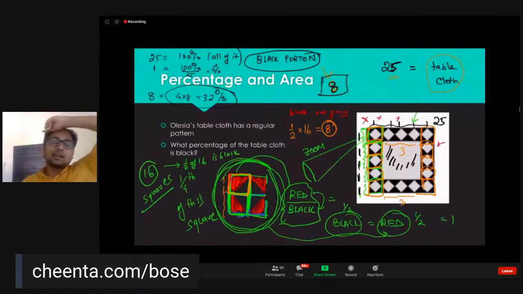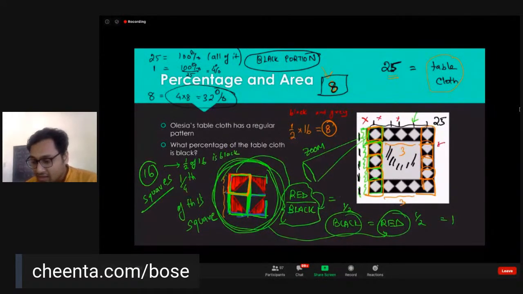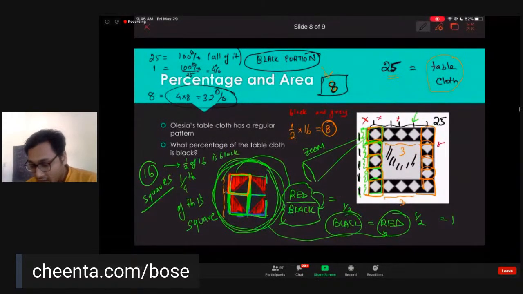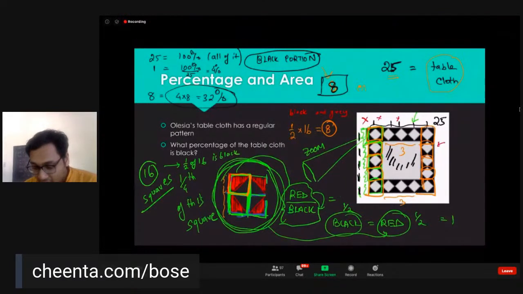Okay, so now this particular thing has a larger implication. I'll just give you a hint of what can be done with this. There is a theorem called Carpet's theorem. We discussed this in our Math Olympiad program.